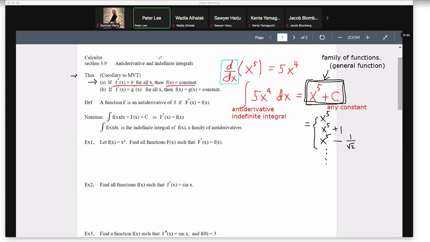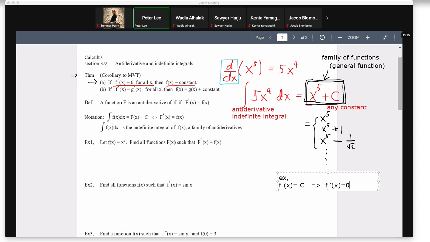If f of x is equal to c, a constant, then the question is, does this imply that f prime is 0?